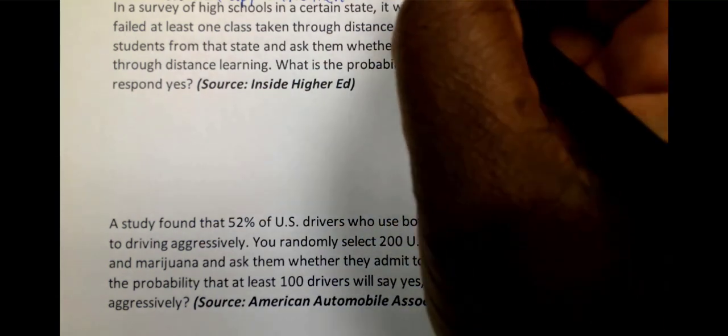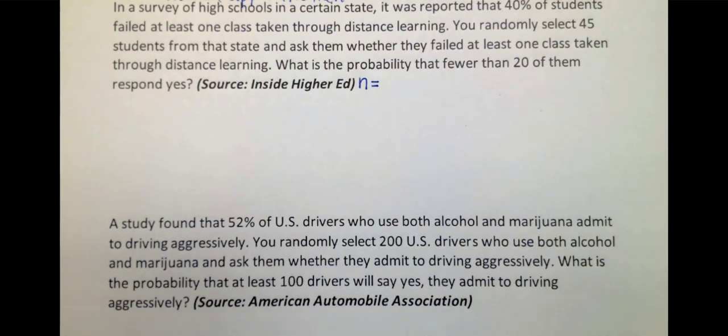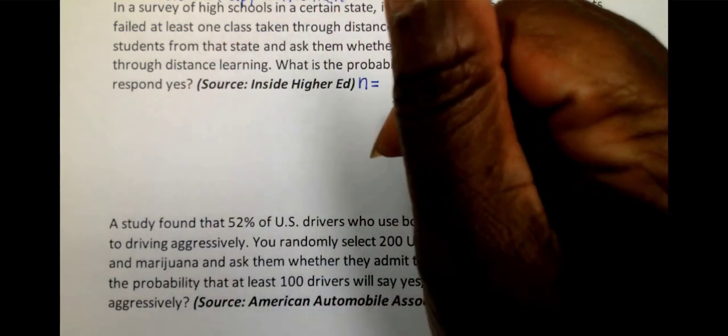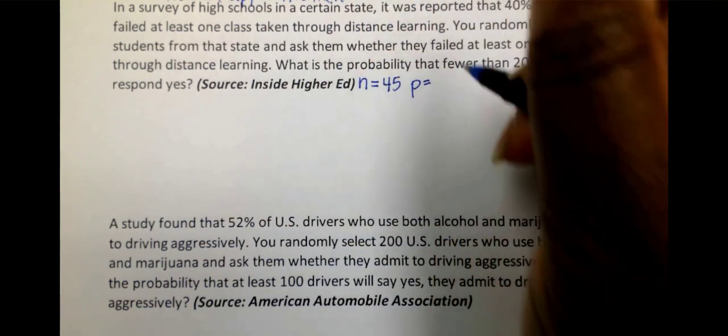Okay, so let's look at our N, our P, and our Q, and we can determine whether we can do the problem or not. So N is going to be 45.